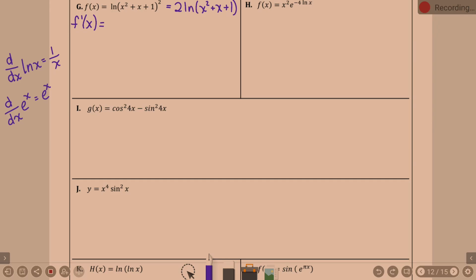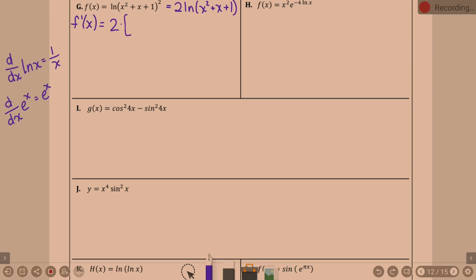Okay, so that 2 is a constant out front, so it can just tag along. The big thing we have to look at is we're looking at natural log here. What's the derivative of natural log of something? 1 over something? Yeah, if the derivative of natural log of x is 1 over x, the derivative of natural log of something is 1 over something. Now, this constant of 2, you can just leave the constant of 2 out front.